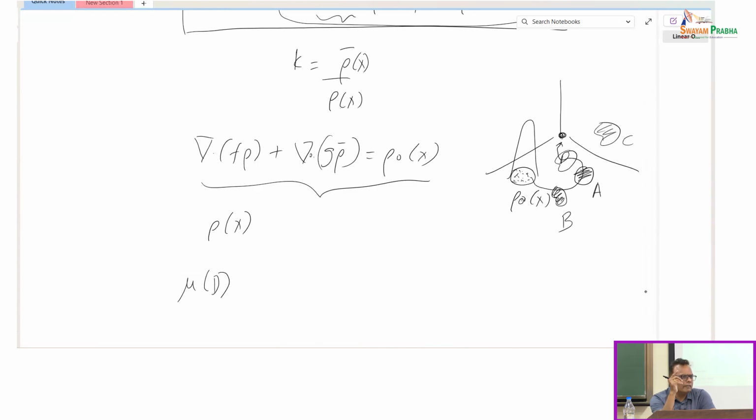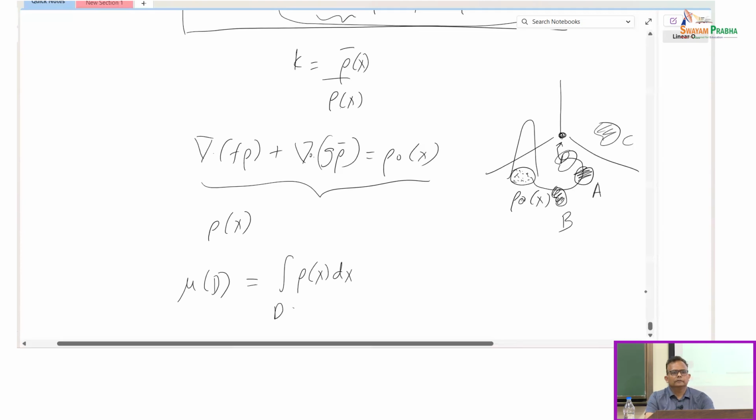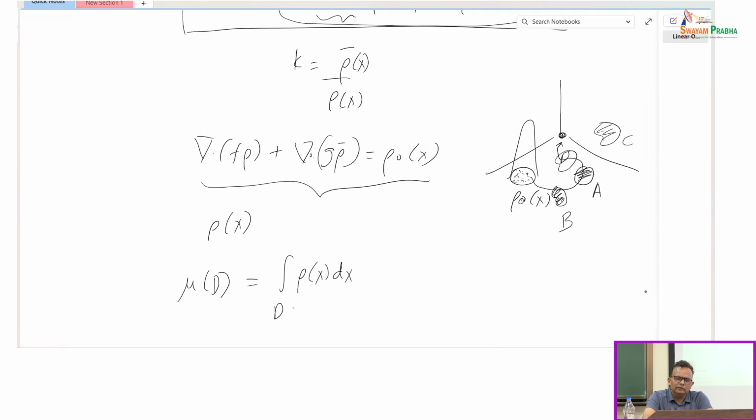That means the larger the value of mu of D, the more time the system trajectory is spending in the set D. If mu of D is 0, the measure on the set D is 0, that means D is never actually traversed by the trajectory. So how do you capture this mu? This mu is nothing but the integral of rho of X dx on set D. The density rho induces a measure, which is the occupancy measure. Okay, that makes sense? So that's the physical interpretation of it.